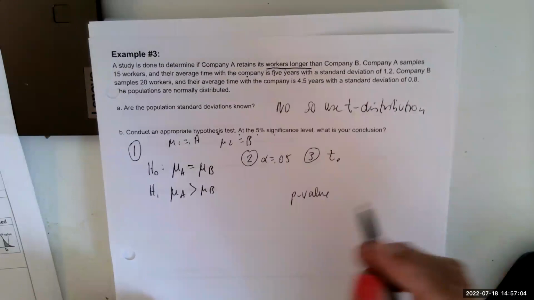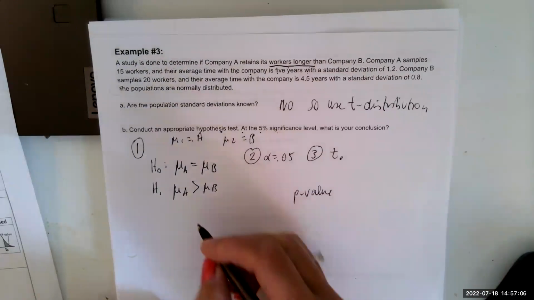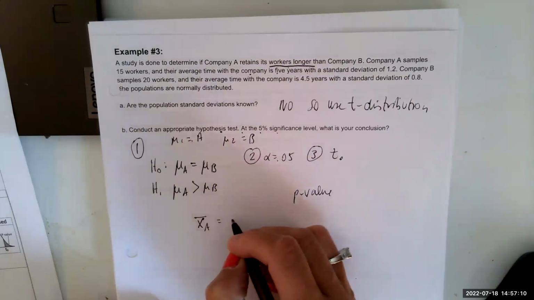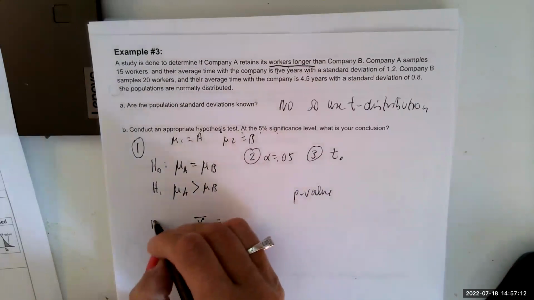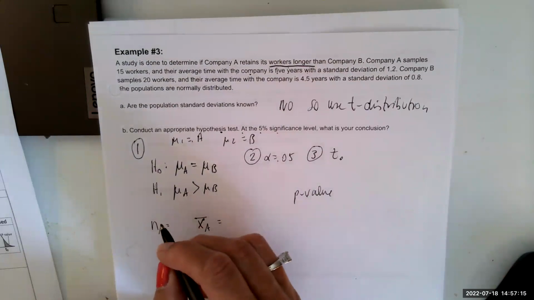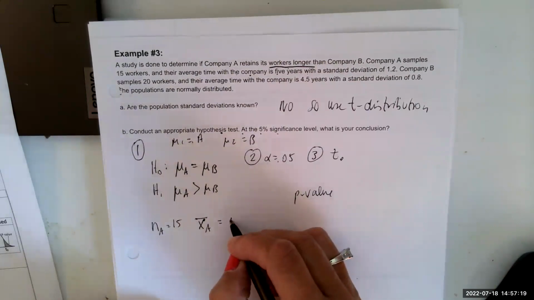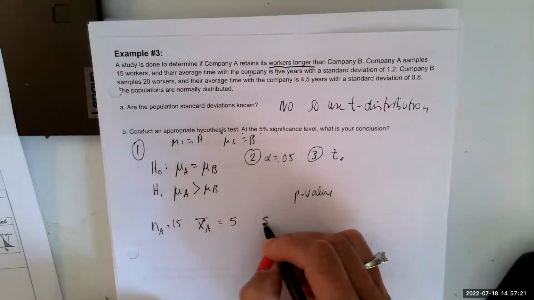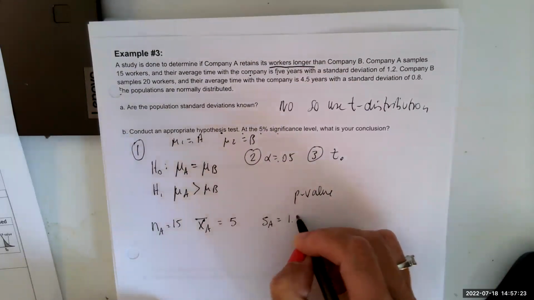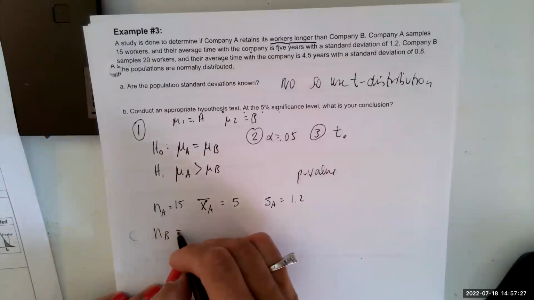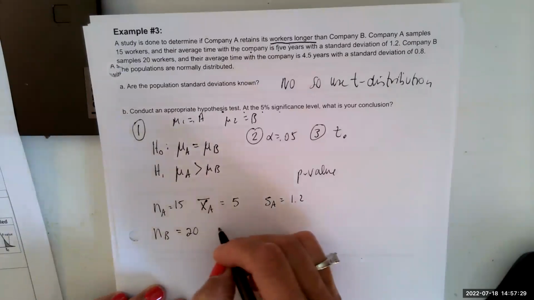Let's go there. So let's just write down our information we're going to enter into Desmos. We need our sample mean from A, our sample size from A, which is 15 workers, and an average of 5 years, and the sample standard deviation of A is 1.2. And then the sample size of B is 20 workers.